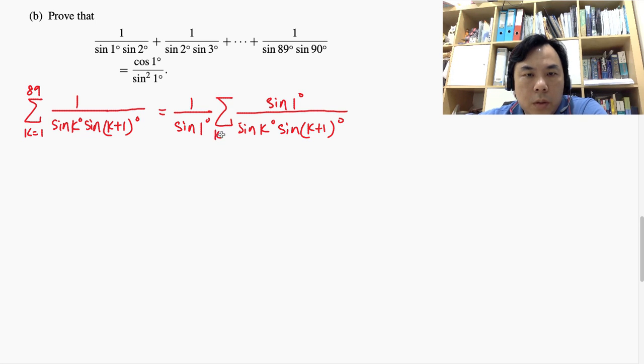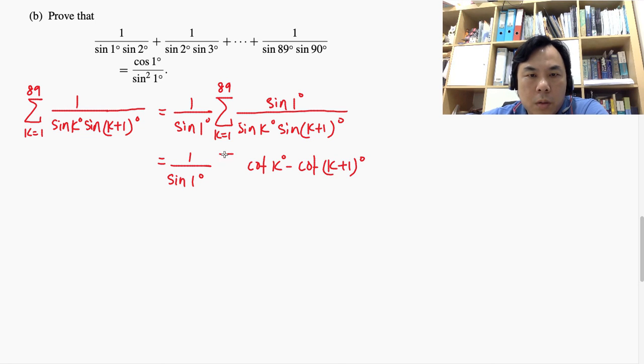So that is the sum, 89 here. And then that would be the same as sine 1 degree times cotangent k minus cotangent k plus 1, until 89.